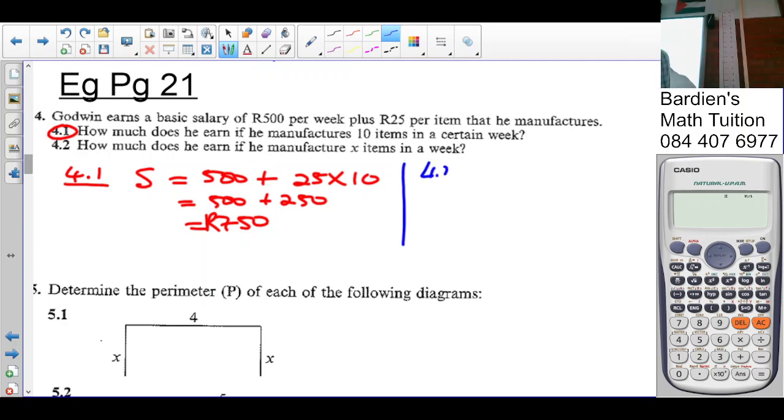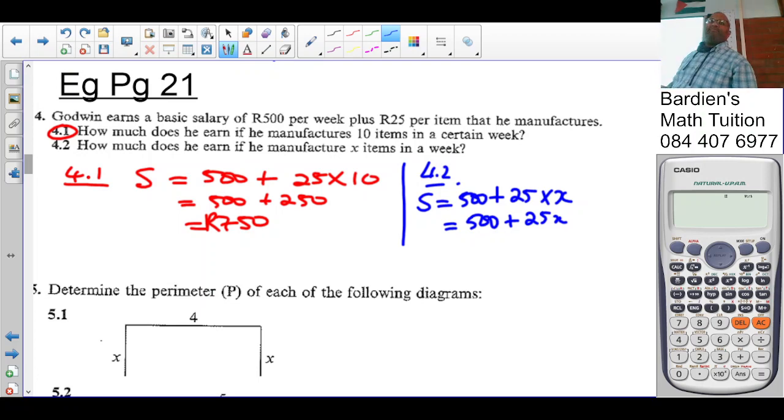Let's look at 4.2. How much would he earn if he manufactures X items in a week? So the salary is going to give you 500 plus 25 times X, which is simply 500 plus 25X. Can I add that 500 and that 25X? No. Why?